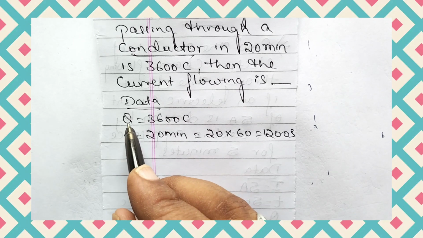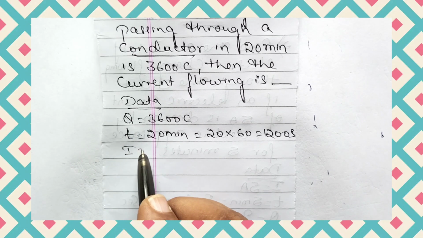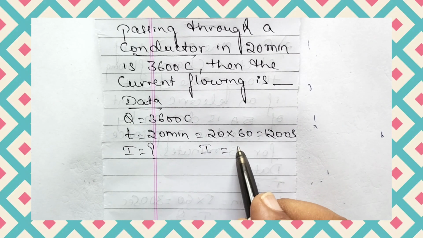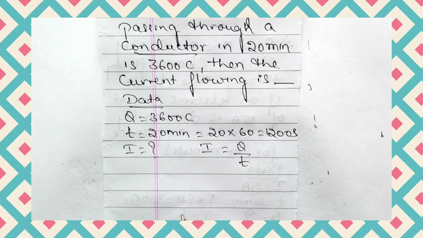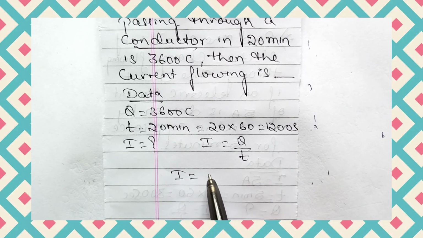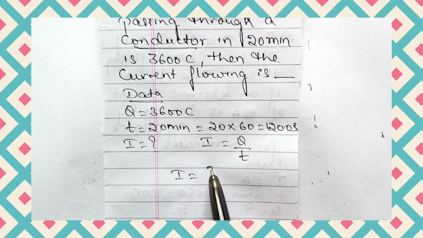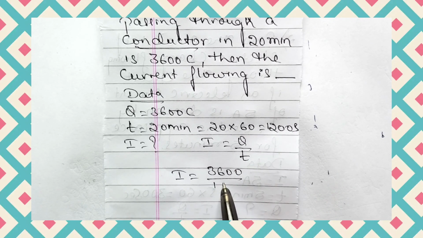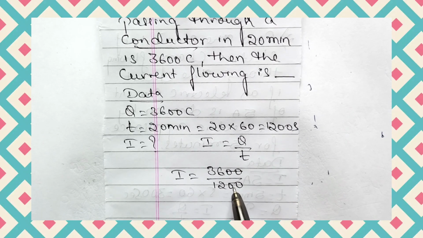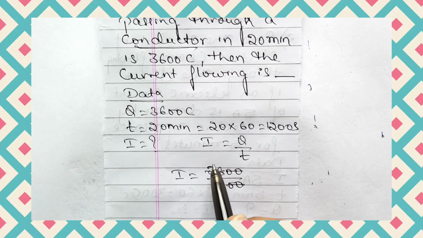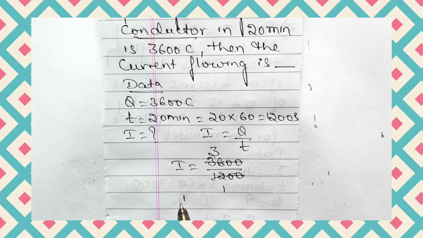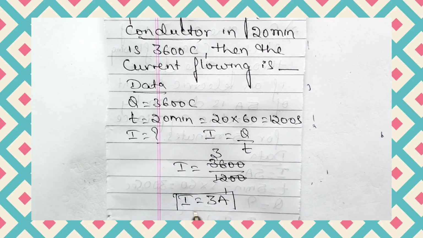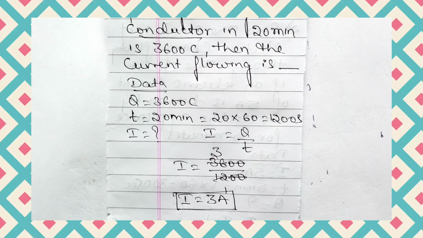So we know Q, we know T. Now we have to calculate I. So according to the relation for these three, I is equal to Q by T. I is equal to Q, that is 3600, divided by T, that is 1200. 0 0 get cancelled, 12 ones are 12, 12 threes are 36. Therefore I is equal to 3 ampere. So 3 ampere of current is flowing through that conductor.